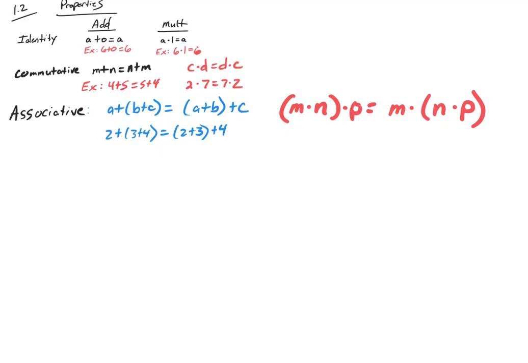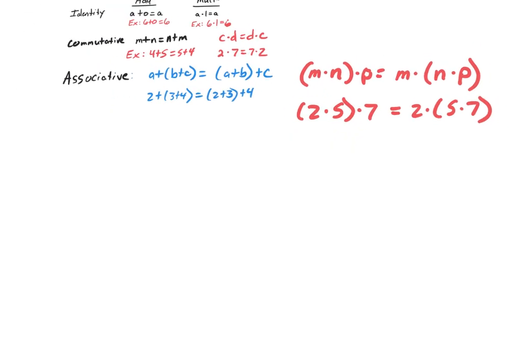I could do like 2 times 5 times 7 equals 2 times 5 times 7. Over here, 2 times 5 is 10. 10 times 7 is 70. Over here, 7 times 5 is 35. 35 times 2 is still 70. Okay? Both sides. And we did a little bit different order, right? But we still get 70 as our answer.